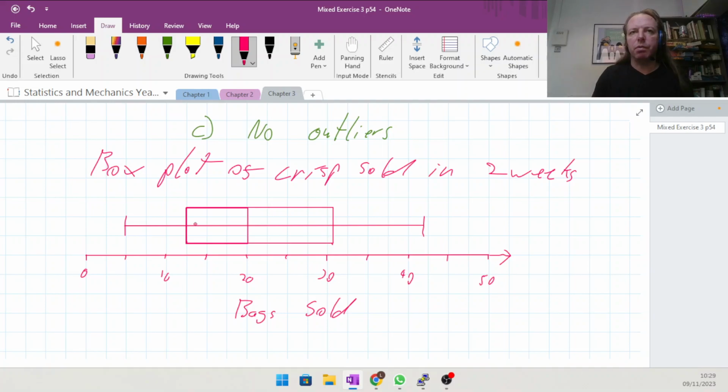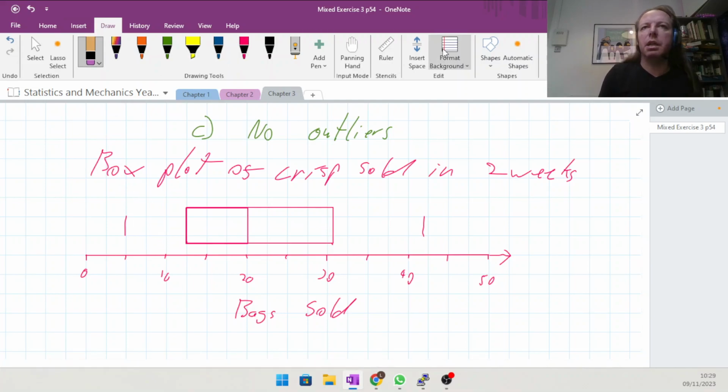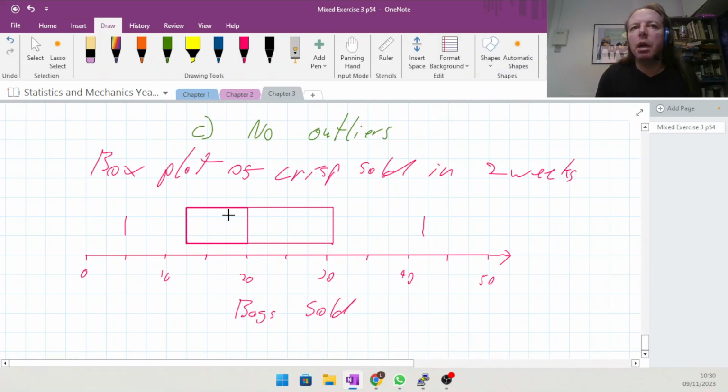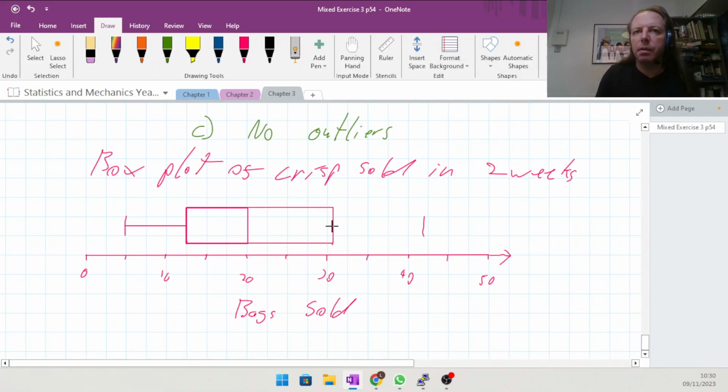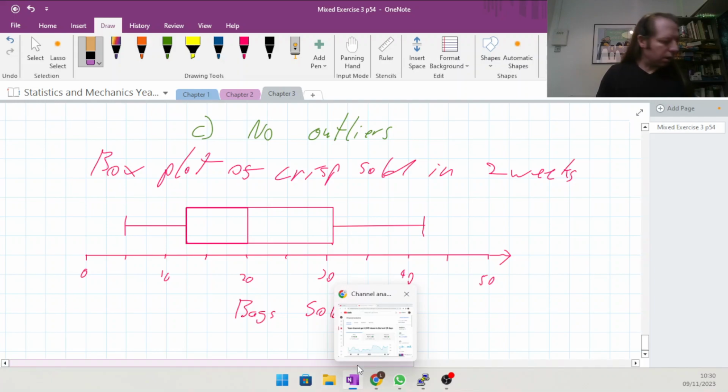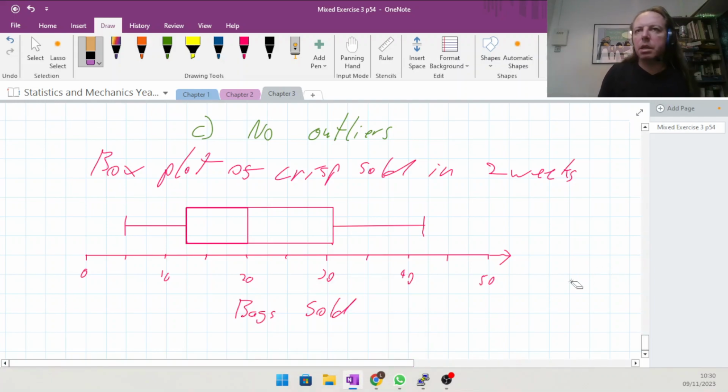Some people draw it with or without the line going through the middle. Doesn't really make a lot of difference. I think I might just change that line around because it looks a bit nicer. It looks a bit more boxy, doesn't it? There you go. Okay, all done. Question 8 next.